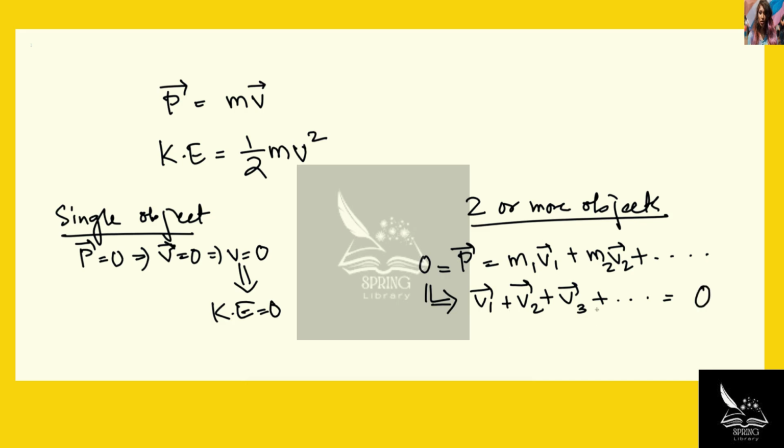Now, when you talk about a vector addition being equal to zero, consider a circle or a vector diagram like this. So, this is v1, v2, v3, v4.